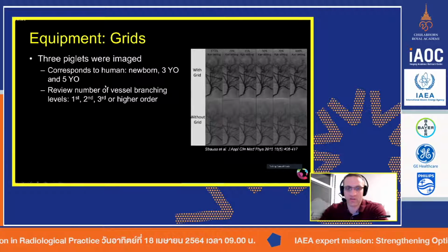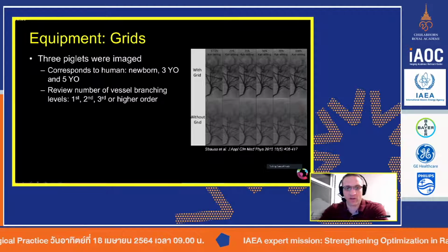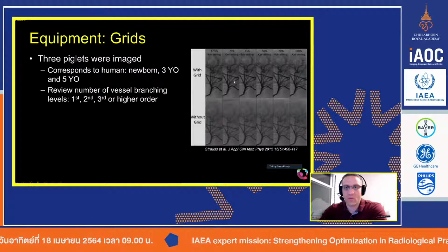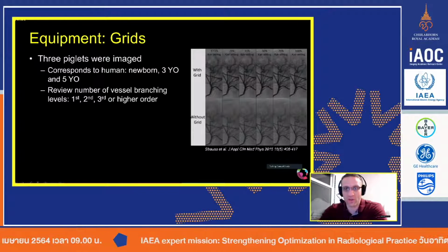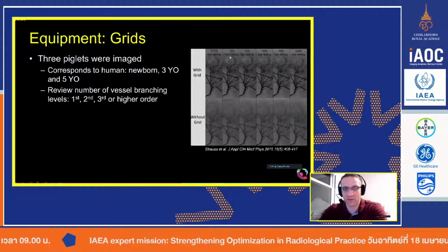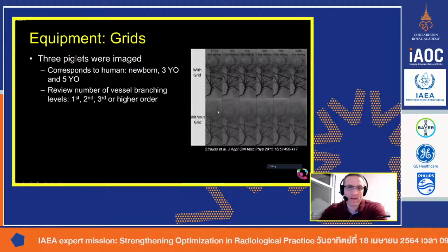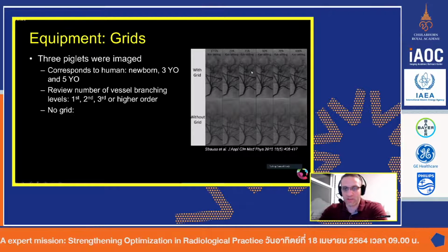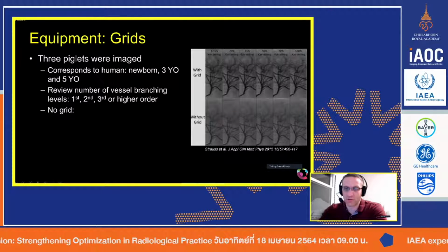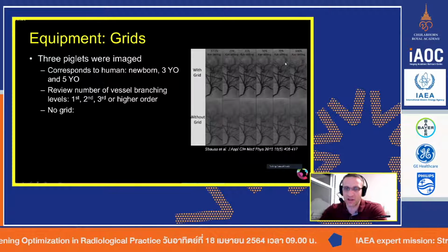The question was, how many branching orders can you count with a grid and without a grid? And of course, they played with the amount of dose and whatnot. So really what we're focusing on is the top row versus the bottom row. Don't worry too much that it replicates in time and to the right.